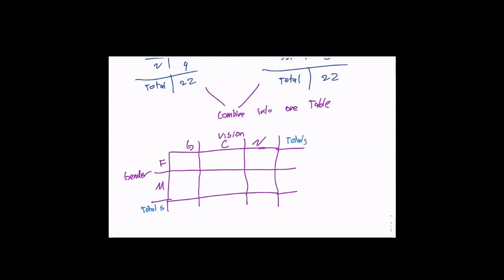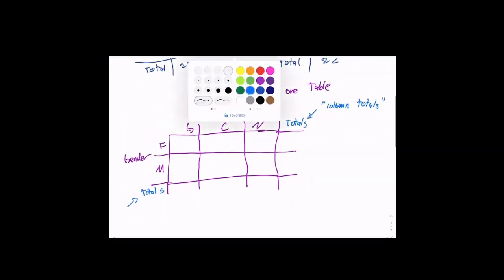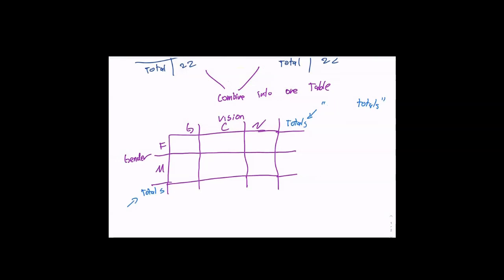These are what we refer to as column totals. All right, so that's the column totals. Oh, sorry, actually I got them backwards. Those are row totals. And these are column totals.